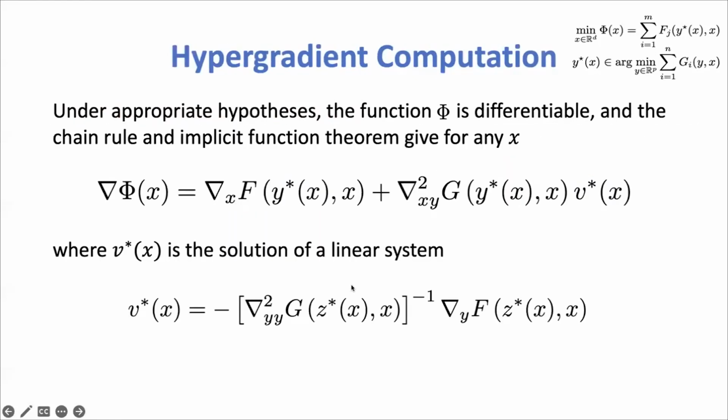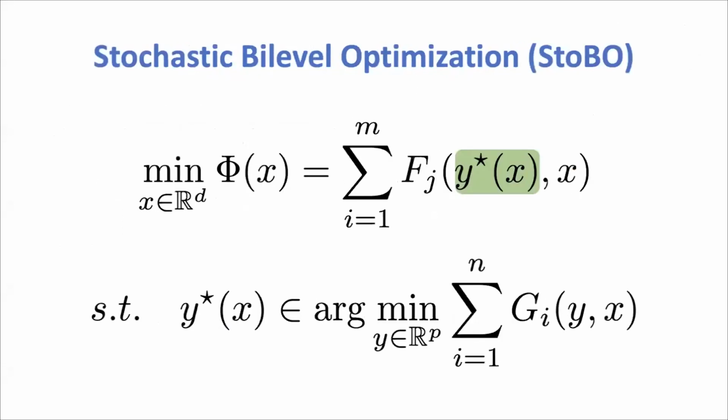Why do we study the stochastic bilevel optimization problem? It is popular in hyperparameter tuning and meta learning. Let me give you the example of hyperparameter tuning. Suppose this phi x is the training objective. After training, we get a good x.